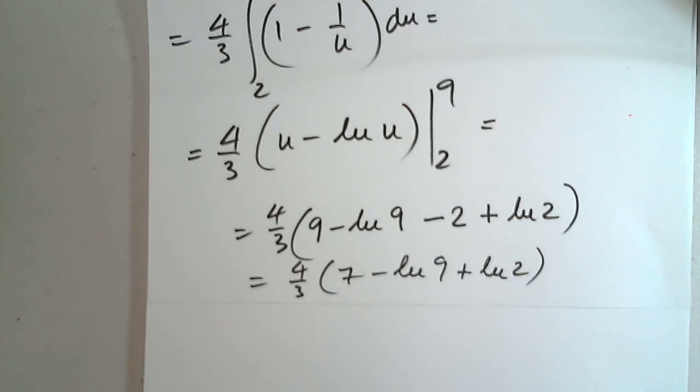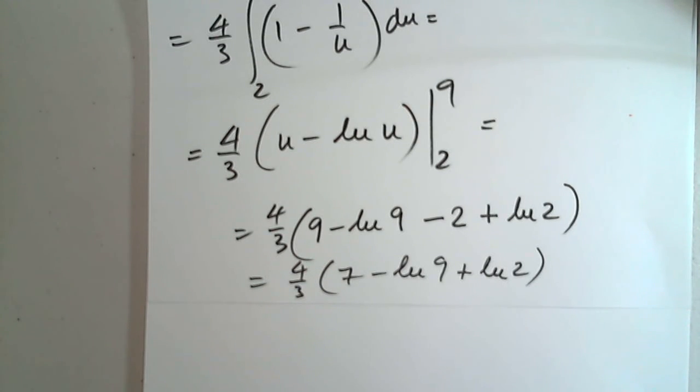And now I have to plug in my numbers. 4/3, in parentheses 4/3, close, multiplied by 7 minus natural log 9. Close, don't forget. Plus natural log 2, close, and close again, because all this has to be multiplied by 4/3. And if I don't get the same thing, then I have to start from scratch and pull my hair. But there was no need.